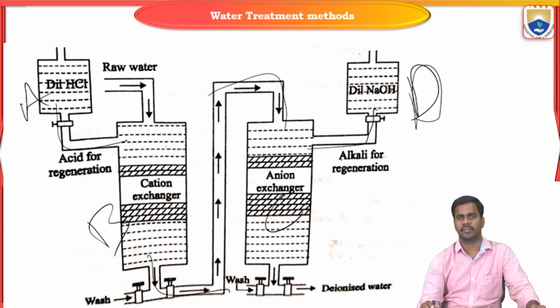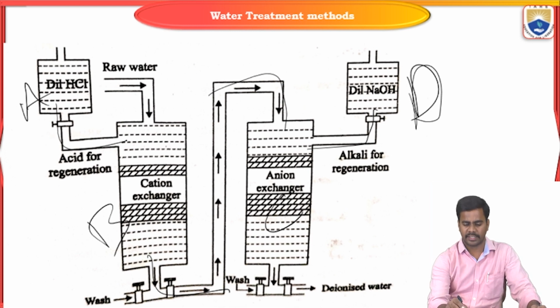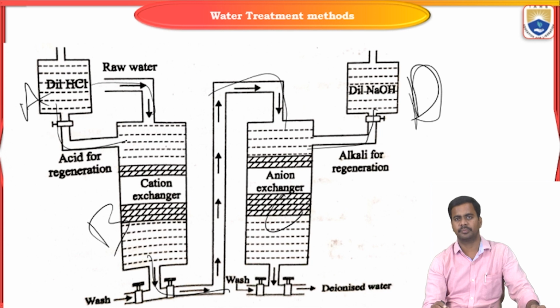So look at here, through the inlet which is provided at the top of tank B, through that inlet we are passing hard water. Here we have to remember hard water in the sense water which contains both cations and anions of chlorides, sulfates, carbonates, nitrates of calcium and magnesium.